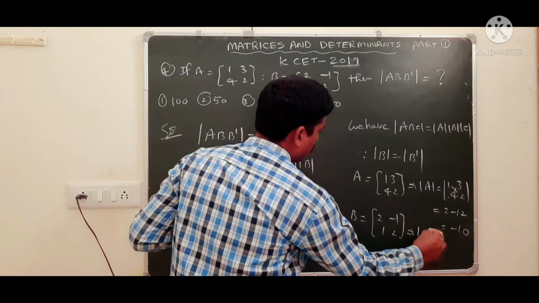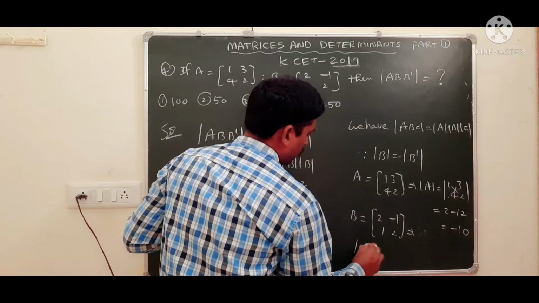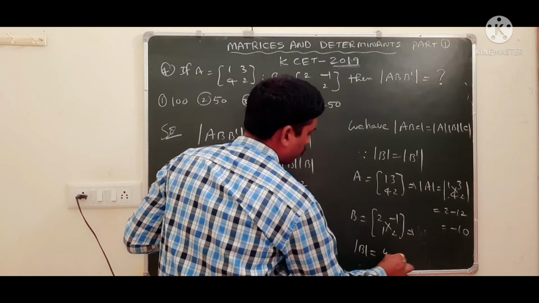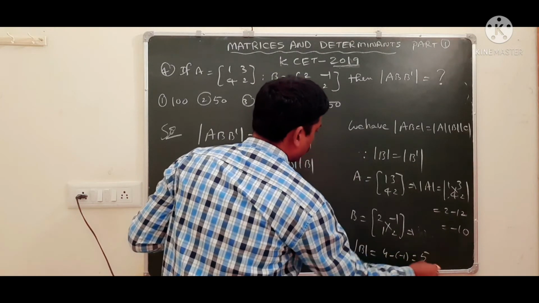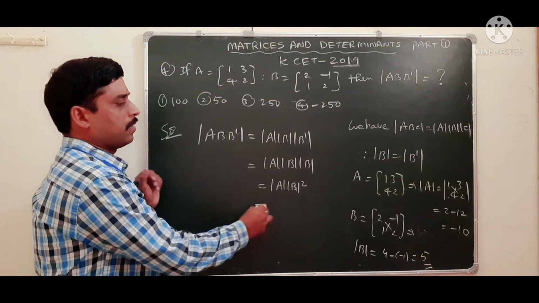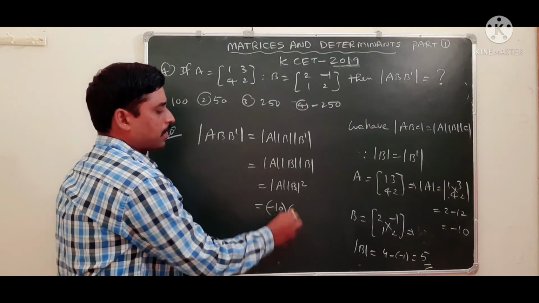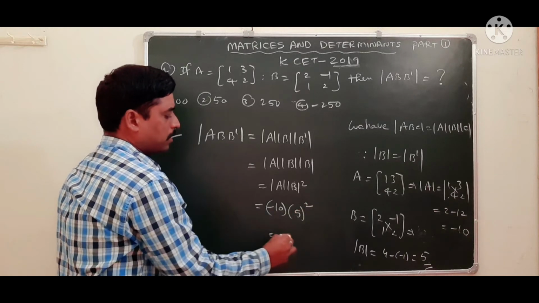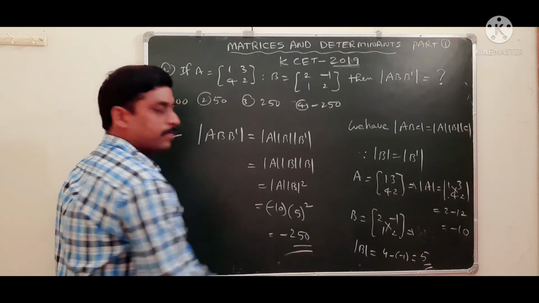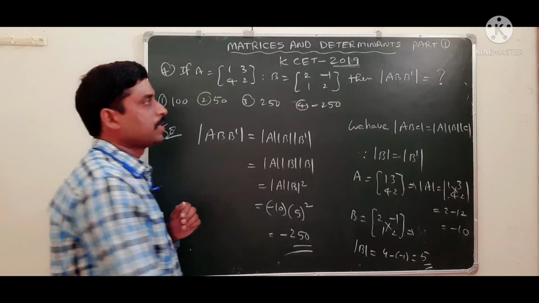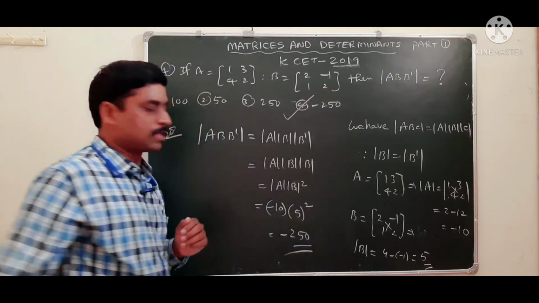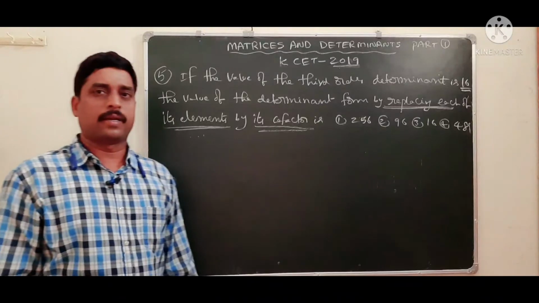Therefore det B, by the formula AD minus BC, is 4 minus of minus 1, which is 5. So det A is minus 10, det B is 5, and 5 squared gives minus 250. Which option is correct? The fourth option is correct. Let us go to the next problem.